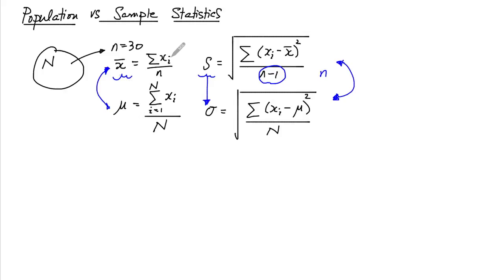In our case, your data are the heights of the 30 males you have sampled. Mu and sigma are a function of everybody in your population. So there really is no data here per se, and we call these population parameters.